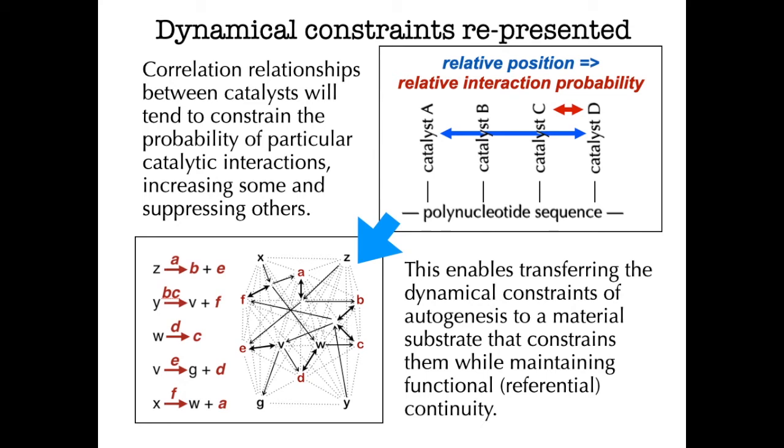This allows dynamical constraints to be represented as structural constraints. Correlation relationships between catalysts will tend to constrain the probability of particular catalytic interactions. It will increase some and suppress others. This enables transferring the dynamical constraints of autogenesis onto a material substrate that constrains these interactions while maintaining functional and therefore referential continuity. This allows the structural constraints of the template molecule to bias and constrain the interaction probabilities of the catalysts.